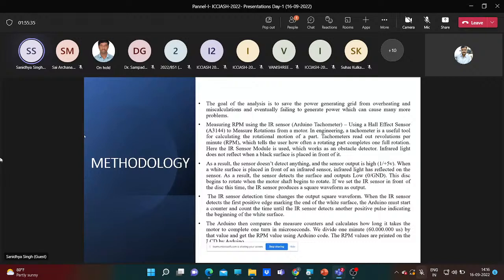It is a useful tool for calculating the rotational motion of any rotating part in technology. Using a Hall effect sensor, we measured the RPM of the rotating shaft which we used in our model.